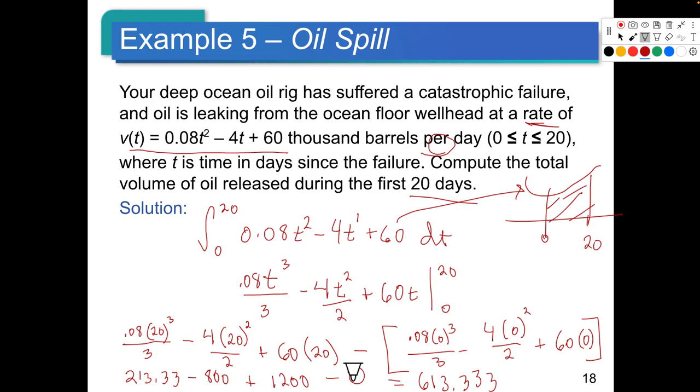That's what this became. I matched the book, so it should be 213, not divided by 3. 0.08 times 20 to the third divided by 3 should give you 213.3. Got it. Okay, I think I added it all wrong. And yes, this is a subtraction.